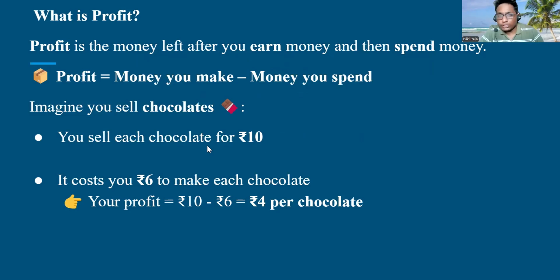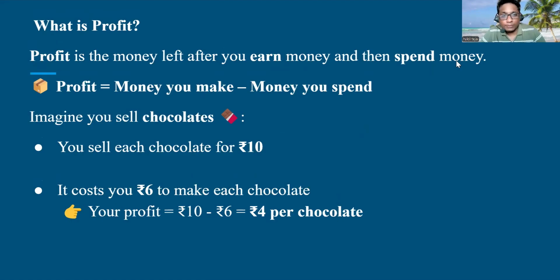So before going into the case study, we will be understanding what profit is. I have taken a very small example so that everyone can understand. Profit is the money left after you earn money and spend money. So profit is nothing but revenue minus cost is equal to profit.